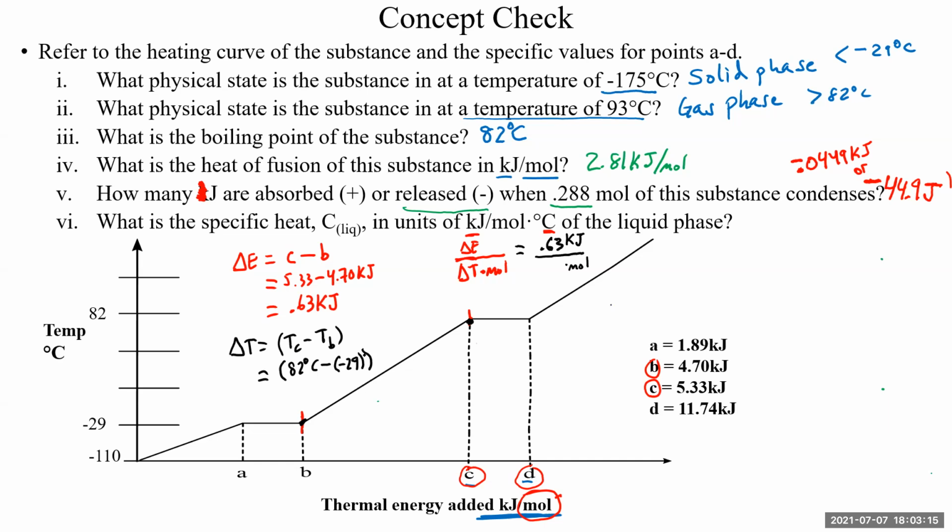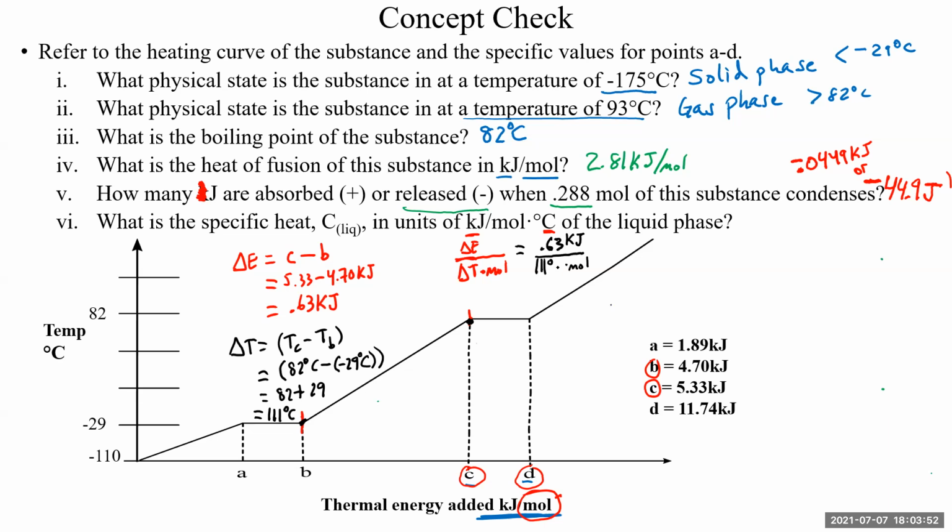So that's going to be 82 plus 29 degrees Celsius. Minus a minus is plus, right? So we get 82 plus 29, is that 121 or 111? You know what, I'm going to make sure I do this right for you guys. 111. So that's 111 degrees Celsius.